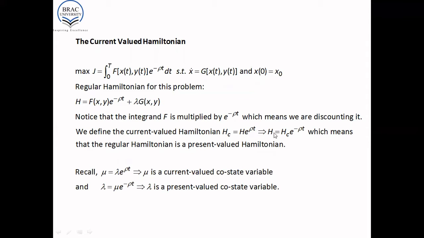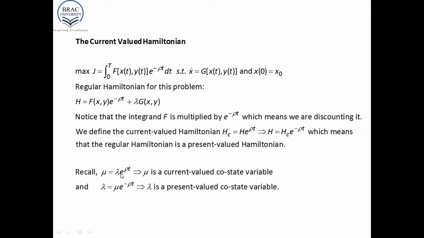However, this expression implies that H is equal to H sub c e to the power negative rho t, which means that the regular Hamiltonian is a present valued Hamiltonian. Right, since it is the current valued Hamiltonian discounted, it makes it a present valued Hamiltonian.